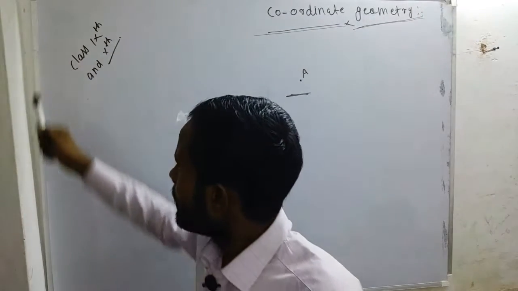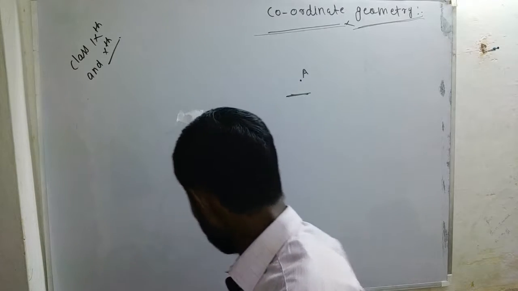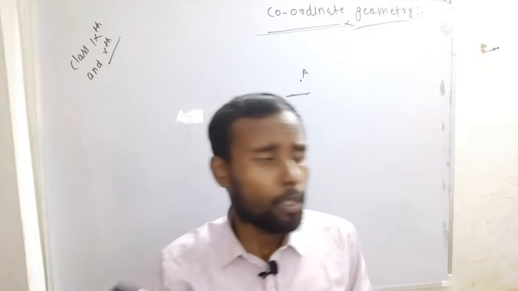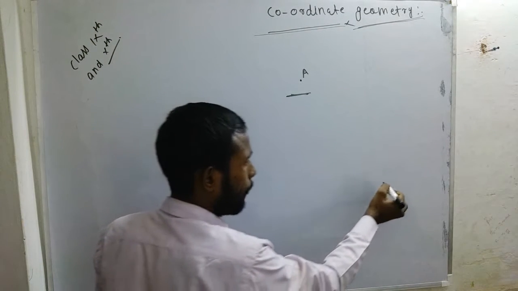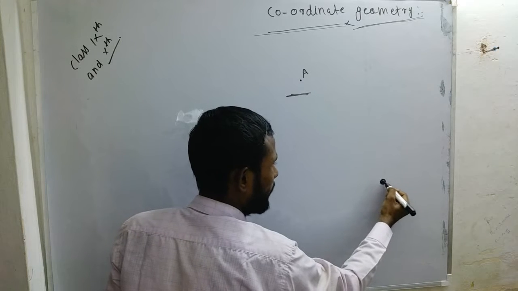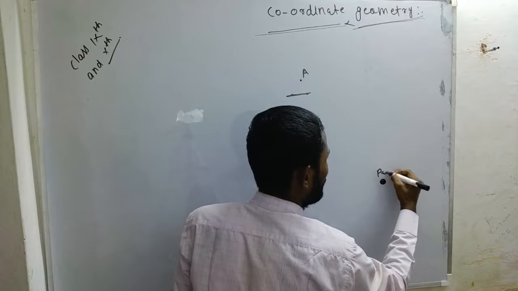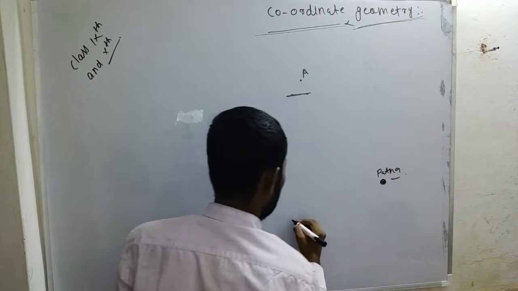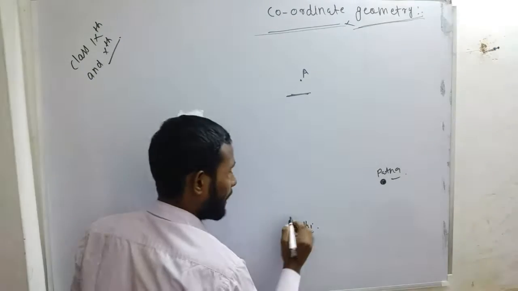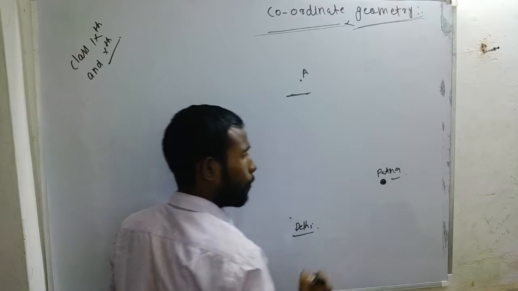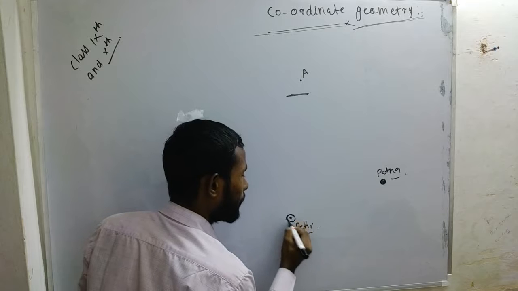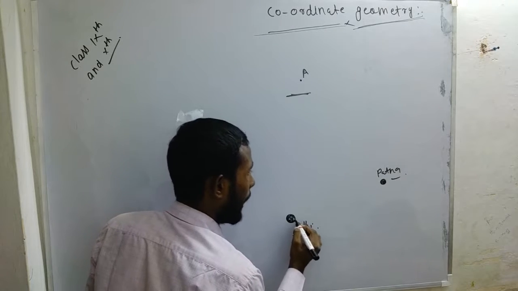Firstly, if we take this reference line, that means a reference frame. Reference means that if we have to measure the distance from any point, let us say this point is Patna and this point is Delhi, and we have to determine the distance from Delhi to Patna, then definitely we consider a fixed point.